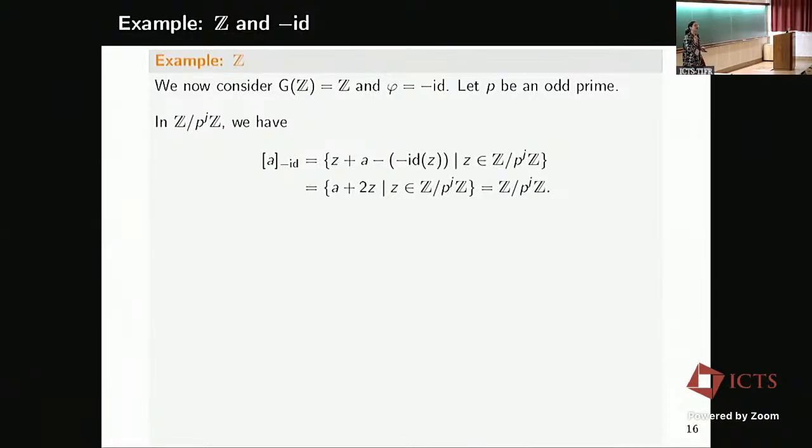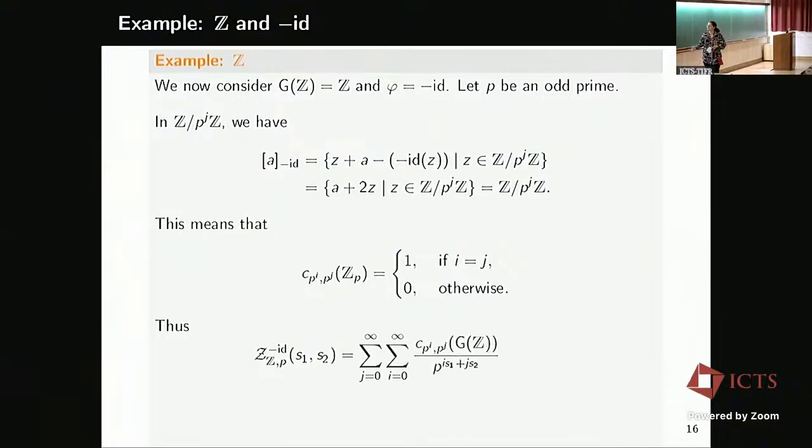So you only have one class. But then if P is 2, we have something slightly different. Not a huge difference, but something happens. So if we consider first P not equal to 2, then we get that we have one class of full size, the full size of the group.